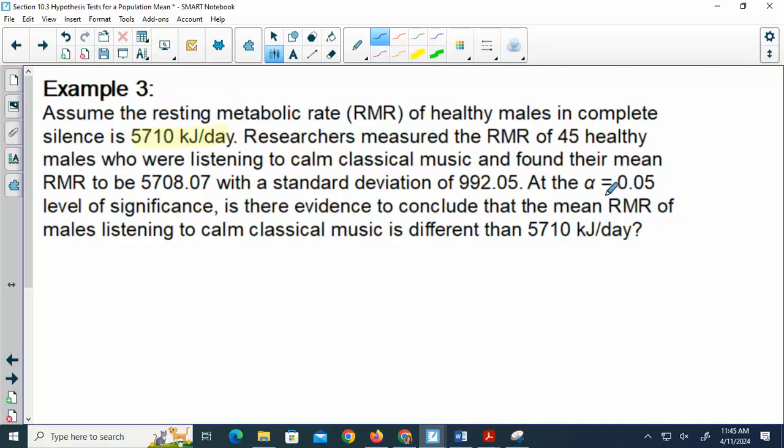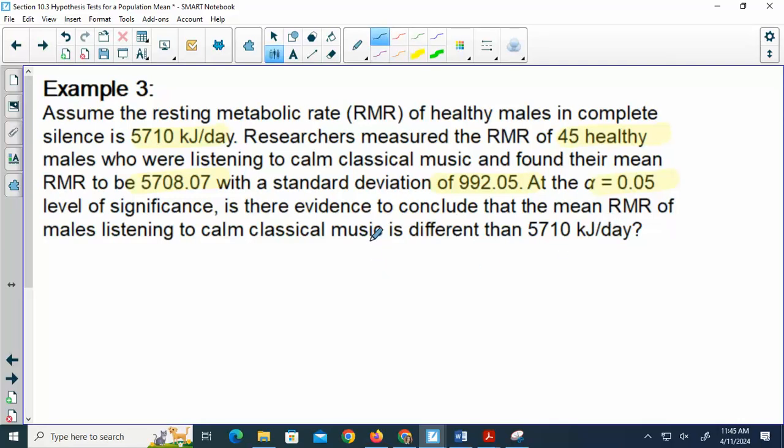Researchers measured the RMR of 45 healthy males who were listening to calm classical music and found their mean RMR to be 5,708.07, standard deviation 992.05. At the alpha equals 0.05 level of significance, is there evidence to conclude that the mean RMR of males listening to calm classical music is different than 5,710 kilojoules per day?